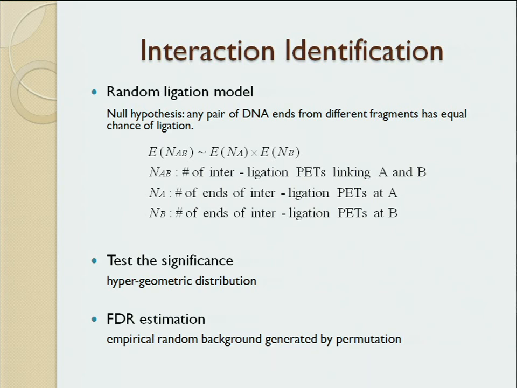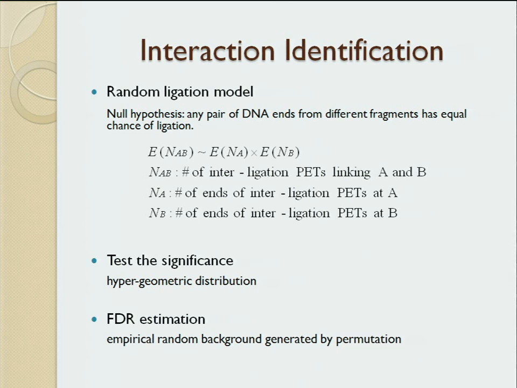Suppose we have A and B. The expected number of inter-ligation PETs linking A and B together is proportional to the expected number of PET ends at binding site A multiplied by the number at binding site B. Based on this random ligation model, we are able to do significance analysis.